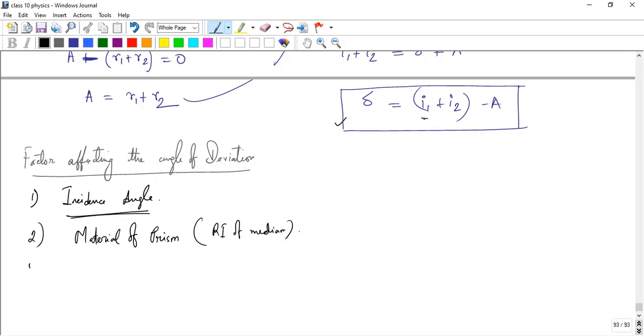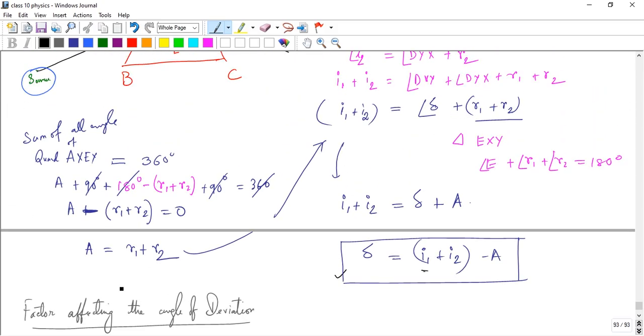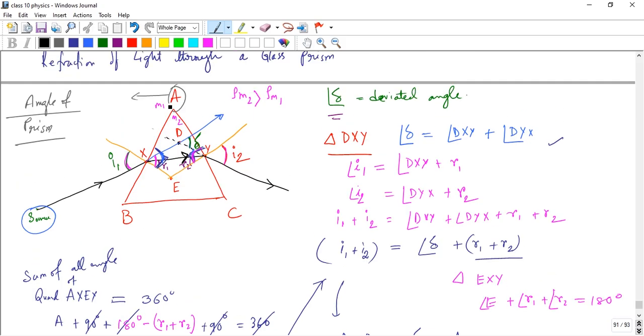Okay, next, the third factor depends on angle A. That is defined by the slanting, the angle between these two surfaces. If angle A is more, then angle B is less and C is also less. If A is more, B and C are less. So now the normal changes.